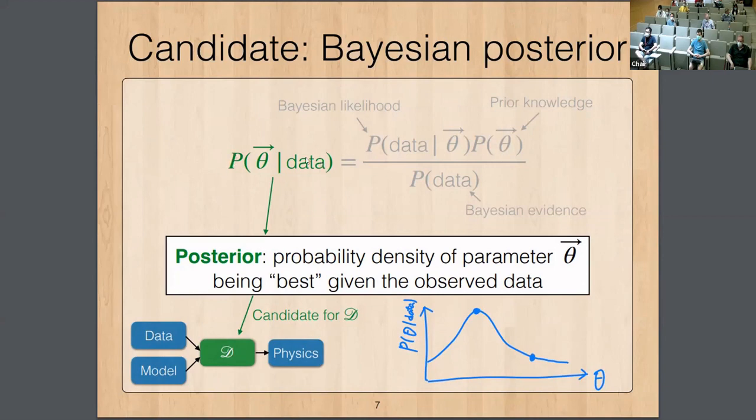The larger this is, the better that parameter fits the data. If it's smaller, then it's worse. This is a very good candidate to build this distance measure. We can take it and put a negative sign in front of it, and so on. This is the very high-level walkthrough of the key part of the Bayesian analysis.